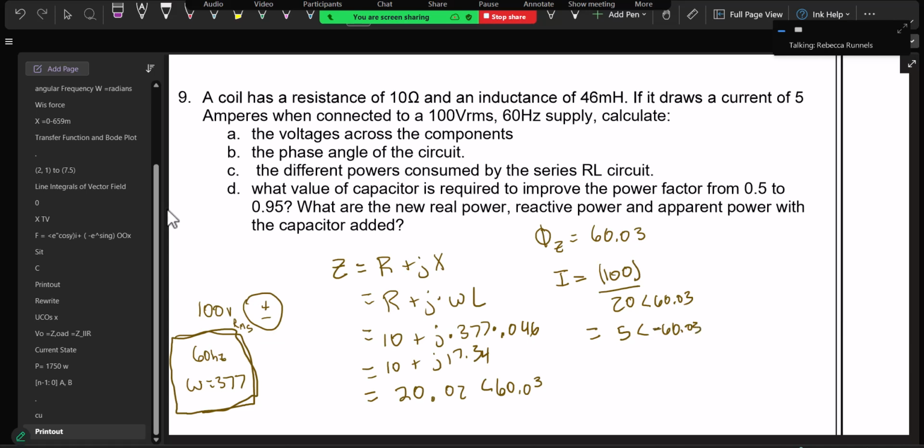Let me check and see if I have everything the same so far. Yep.